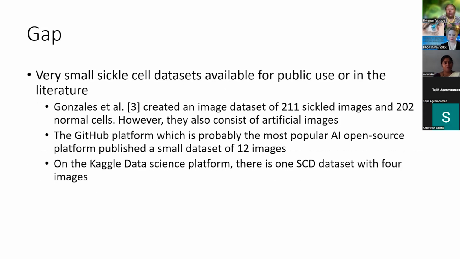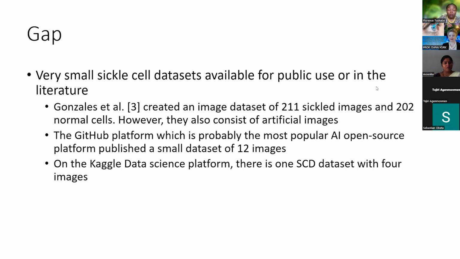When we did our literature review, we only found 3 data sets which have sickle cell images. One had 211 sickled images, which is very few for AI models. They also had 202 normal cells.